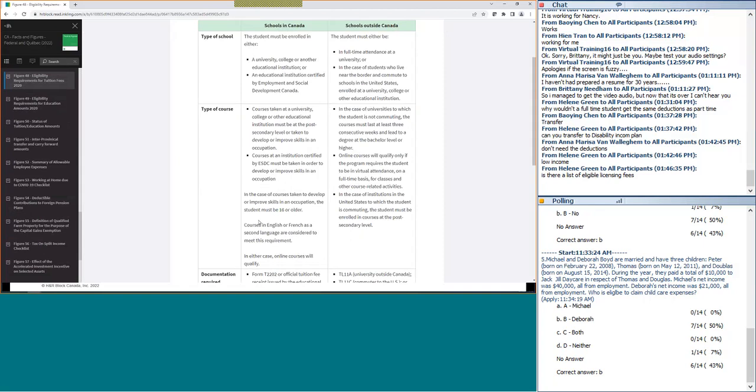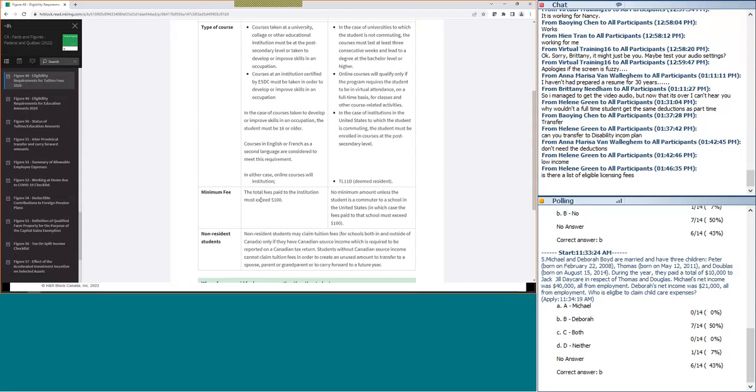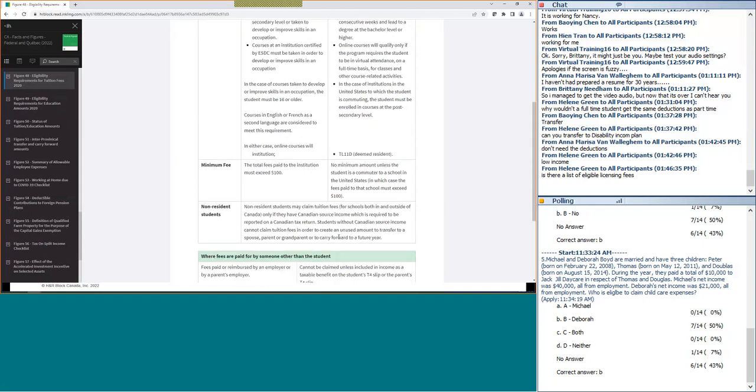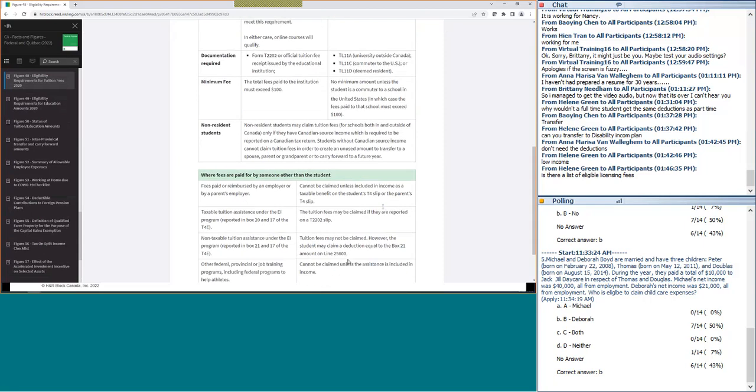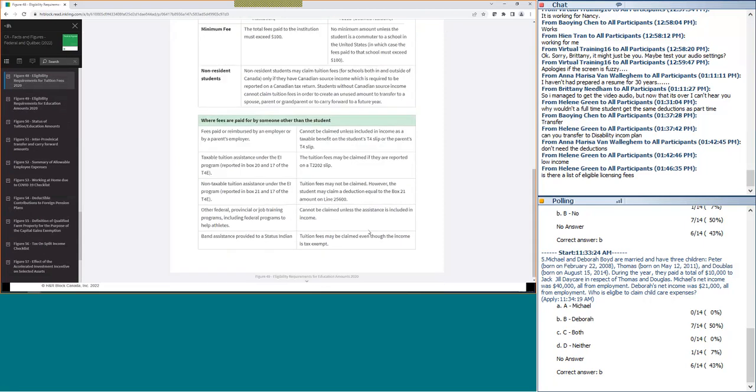The type of school is here, the type of course is here, the documentation you need is here, whether or not there's a minimum fee is here, what happens for non-resident students, which is outside of this course, but I run into those all the time, is here, and what happens if fees are paid by someone other than the student. So all of these rules are summarized in one really handy chart that you can refer to for your own studying and your own use when you're doing tax returns.